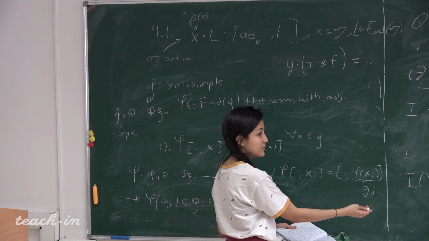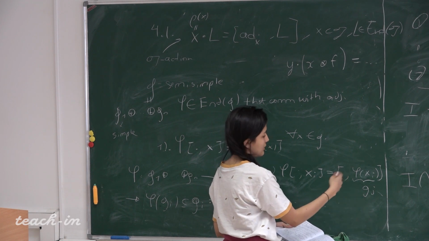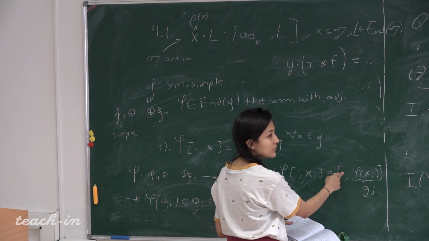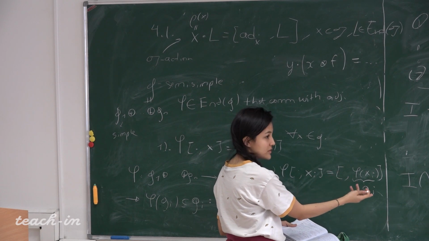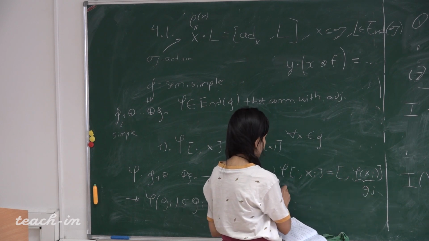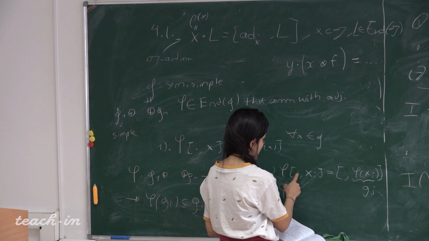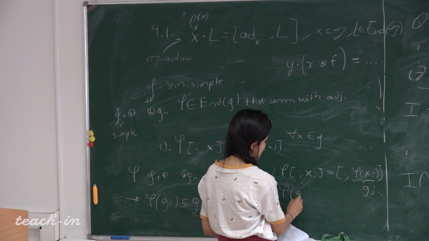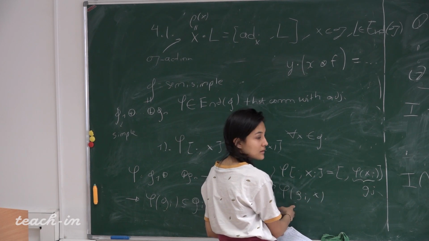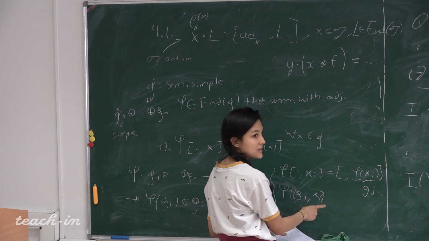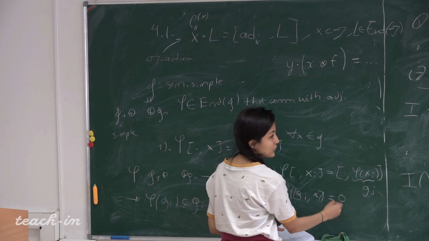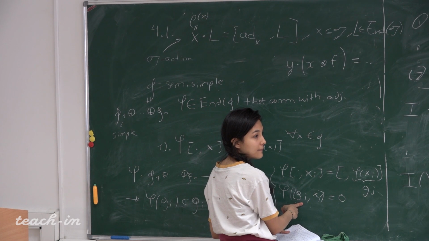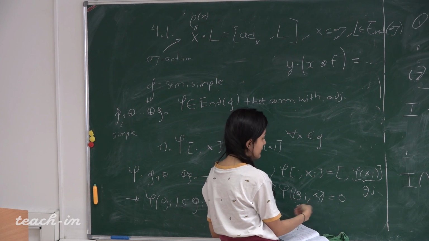the right hand side would be something from gi, so this would be 0, and this part would be just something from gi, x. Something like this, 0 for all gi. That would be true.